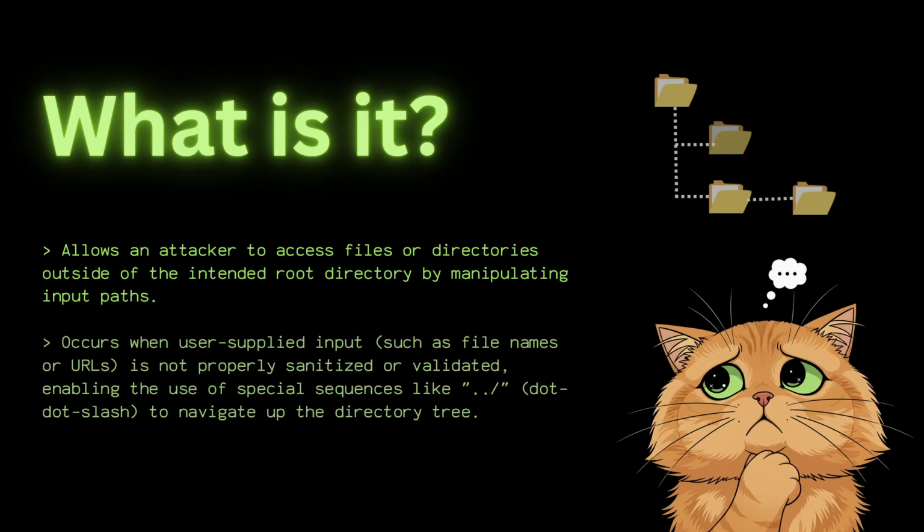These are the only files that should be accessible. But if the web application is vulnerable to path traversal, then the attacker can get out of this web directory and access other files or other directories as well. So that is what it means.